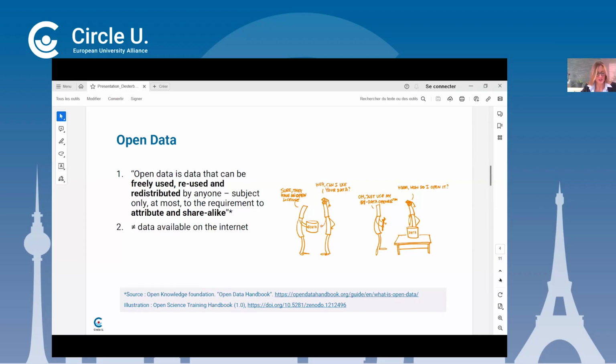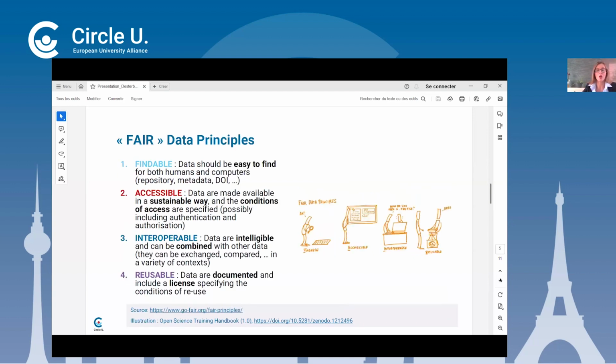We can see with this definition that open data is not simply about making data available online. Data must be not only accessible, but also reusable to be open.